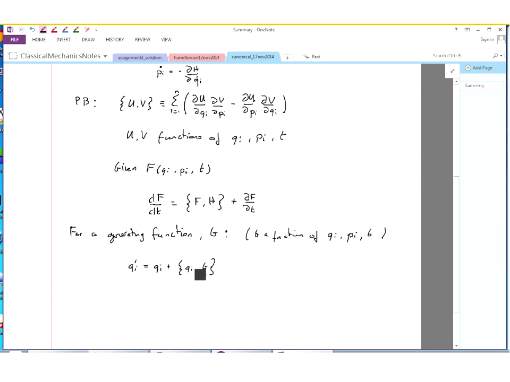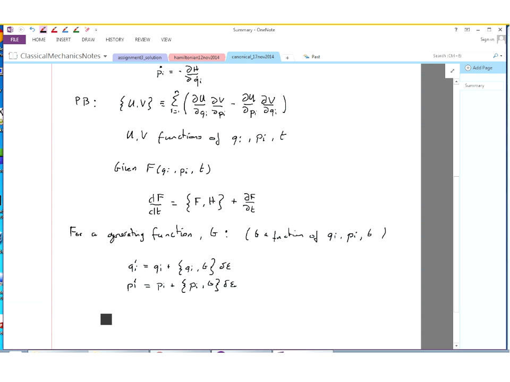So given that function, one can calculate a transformation by taking the Poisson bracket of Q_i with G, and then writing these infinitesimal transformations. P_i primed then goes to P_i plus the Poisson bracket of P_i with G. And so that's what we call G, the generating function of the transformation, because we're free to define a transformation that looks like this.